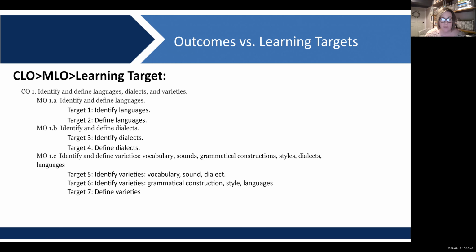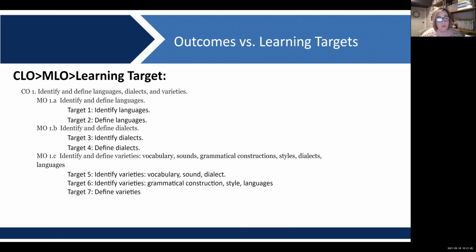Here you'll see that I've taken my module outcome number 1A and broken it down into even smaller targets. In my first lesson, students will identify languages. In my second lesson, they'll define them. In my third lesson, students will identify dialects. And in my fourth, they'll define them.